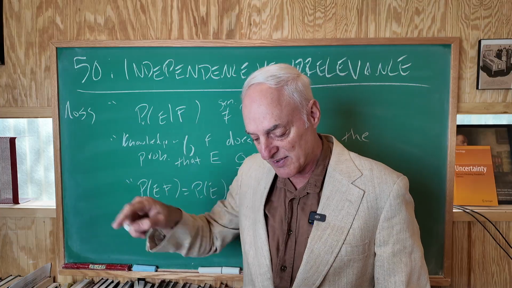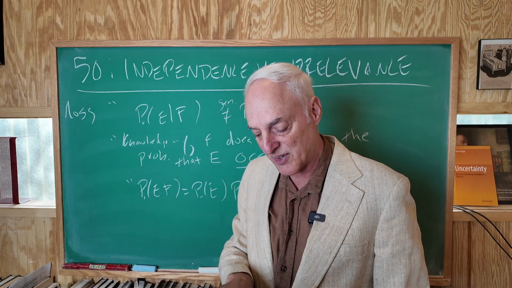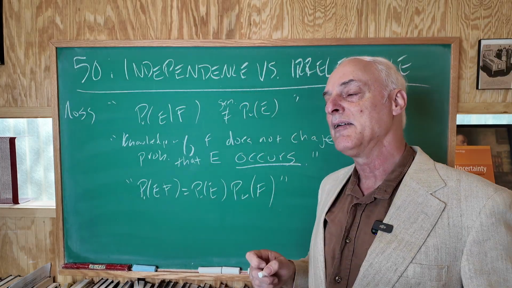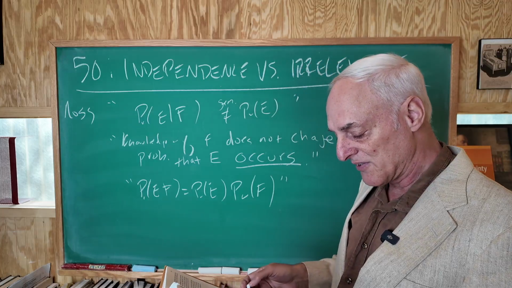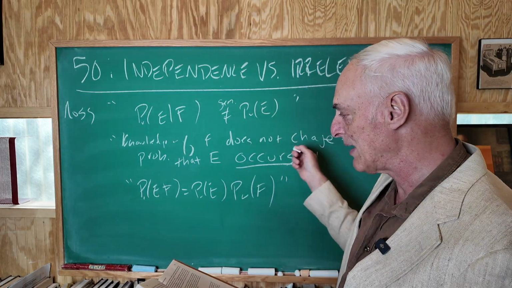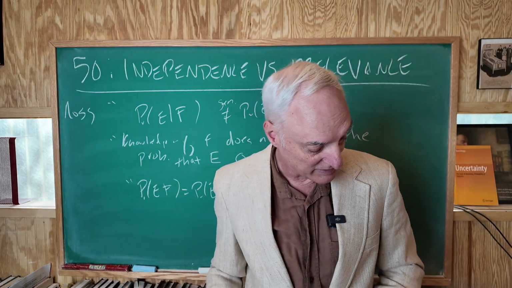In the special case where the probability of E given F does in fact equal the probability of E, we say that E is independent of F. That is, E is independent of F if knowledge that F occurred does not change the probability that E occurs. And he gives Bayes' theorem after that.